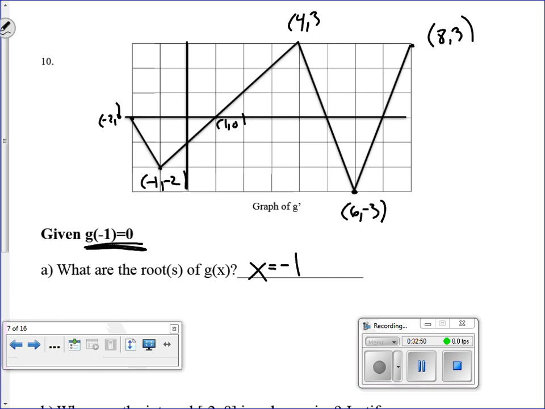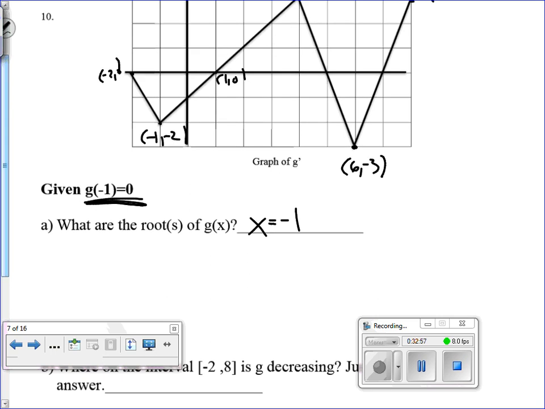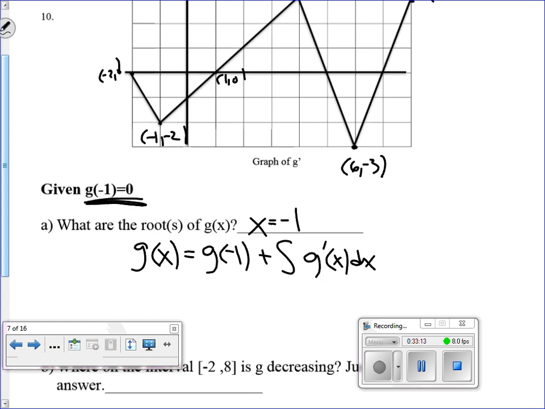So that's a 0. Now, if we want to get g of any other number, to get values of g of x, we're going to take the y value that we know, g of -1, and add the change in y, which we're going to get by integrating g prime from -1 to x.